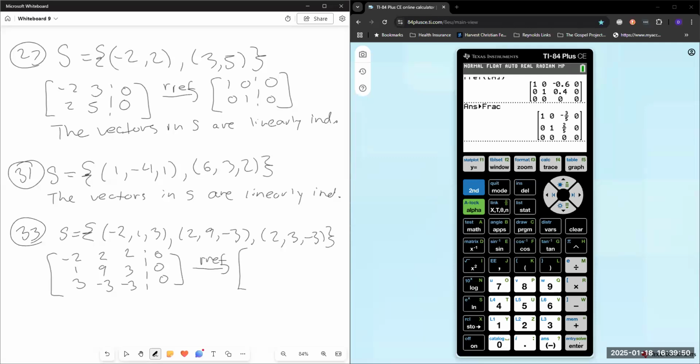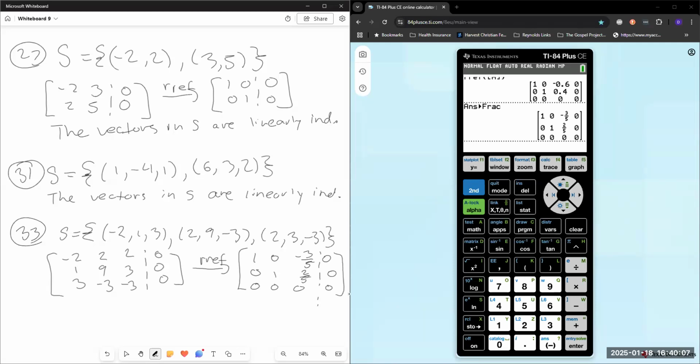RREF is 1, 0, -3/5, 0, 0, 1, 2/5, 0, 0, 0, 0, 0.